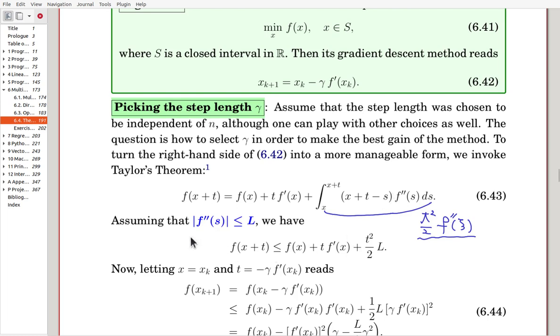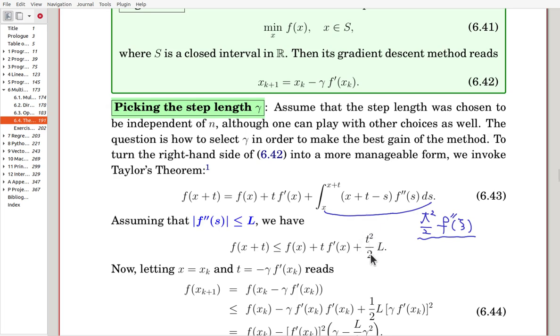Now, assuming that the second derivative is bounded by L, then we have f of x plus t bounded by f of x and that term, where we choose the maximum of the second derivative.